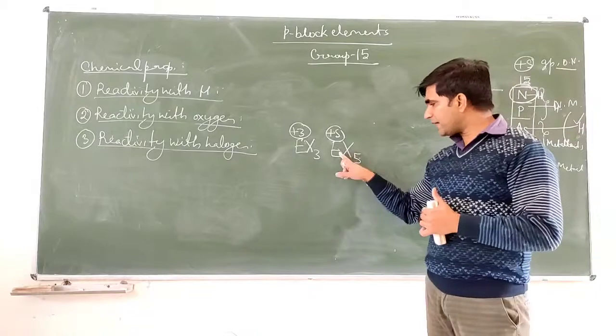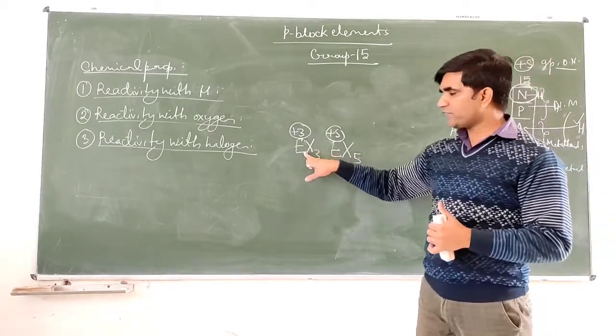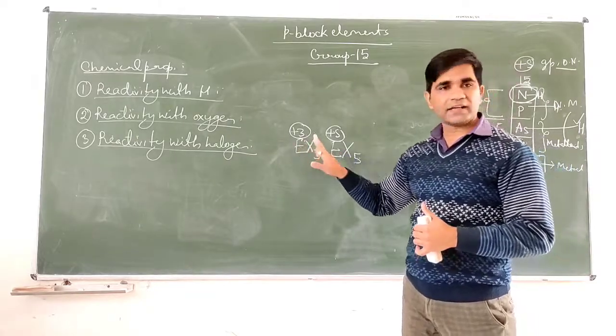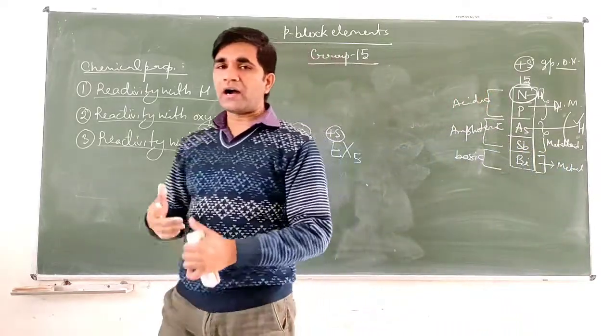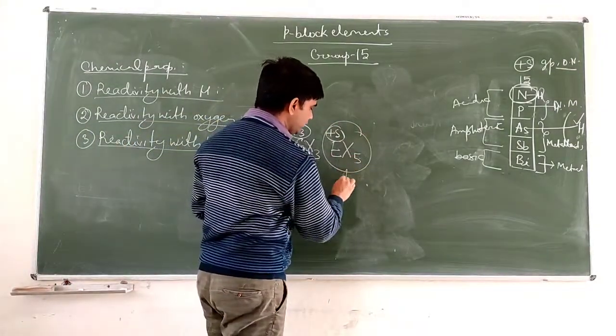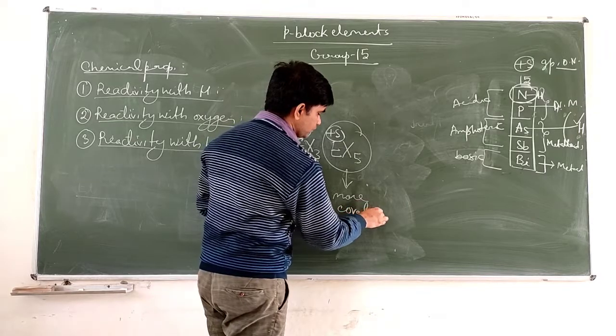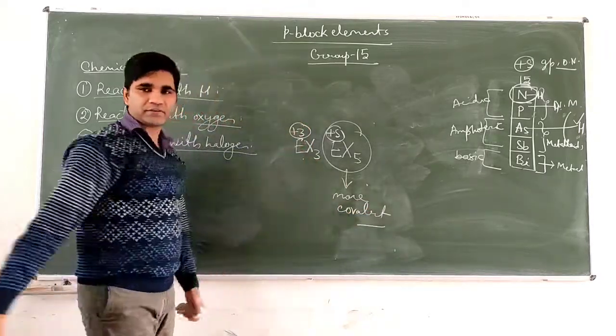Pentahalides means when EX5 type of halide is formed. A trihalide is when 3 halogen atoms attach to the element. So, of these two kinds, the pentahalides are comparatively more covalent as compared to the trihalides.